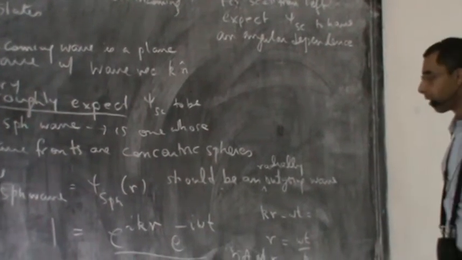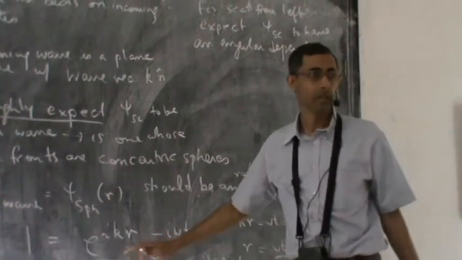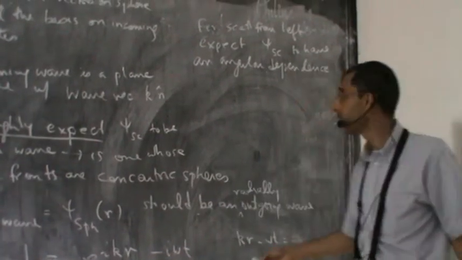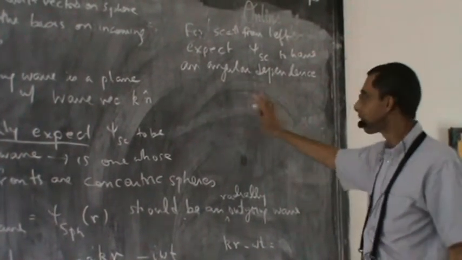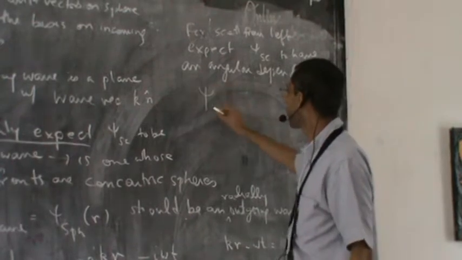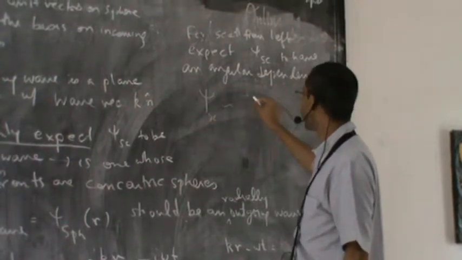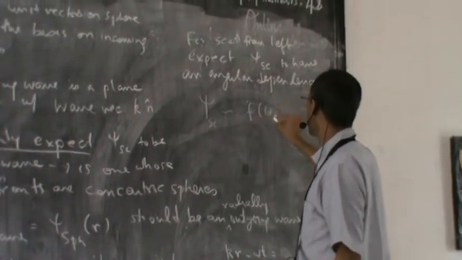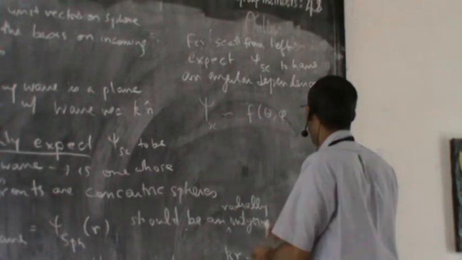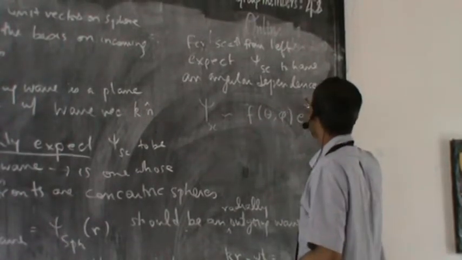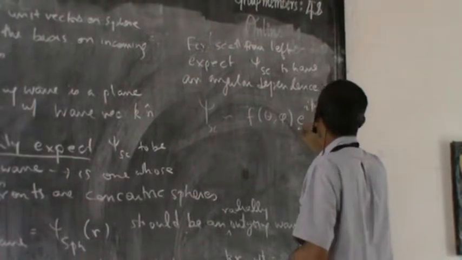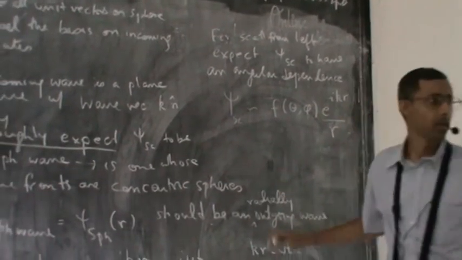At present, this is just a guess. We have to actually solve the equation to find what's appropriate. So it is expected to have some angular dependence. So we might expect that psi scattered will have some dependence on theta and phi, times some e to the ikr, perhaps by r, I don't know.